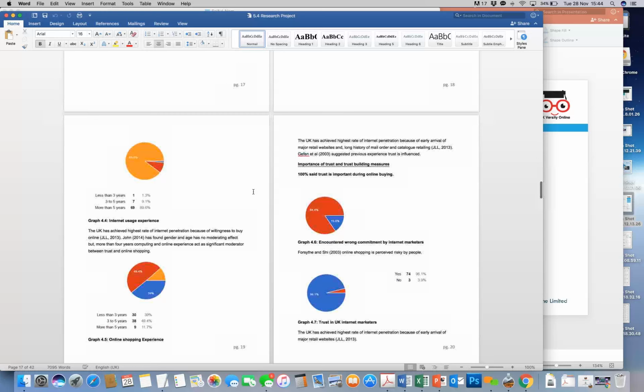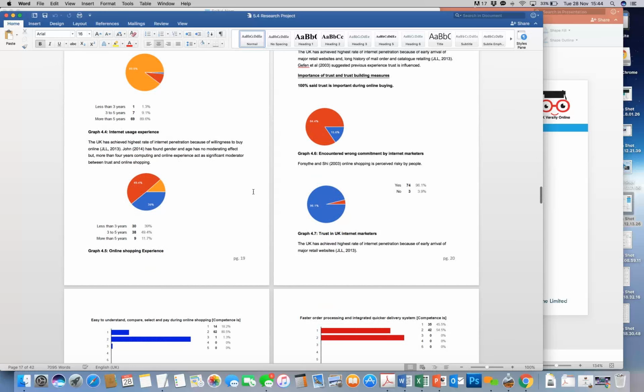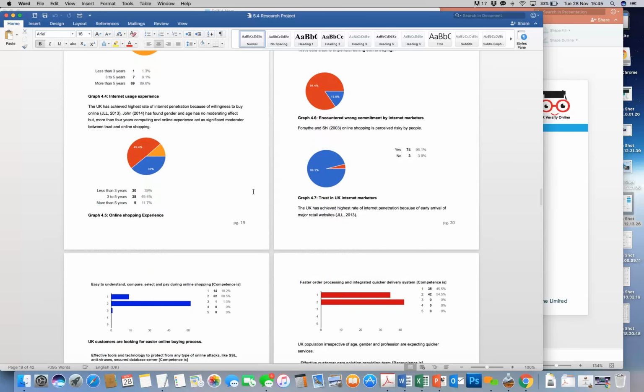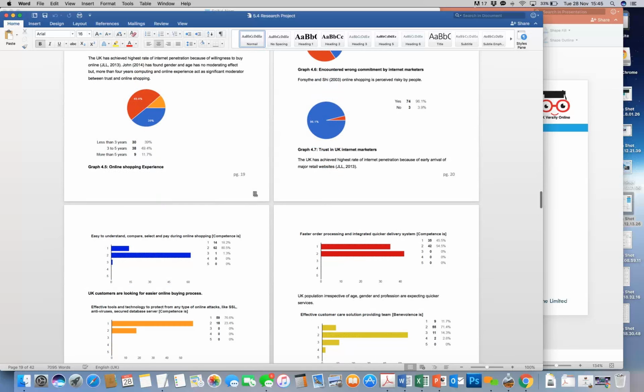That is then presented using graphs, tables, and some sort of meaningful interpretation, so that if somebody wants to understand how people buy products on Amazon, they would look at this particular study.